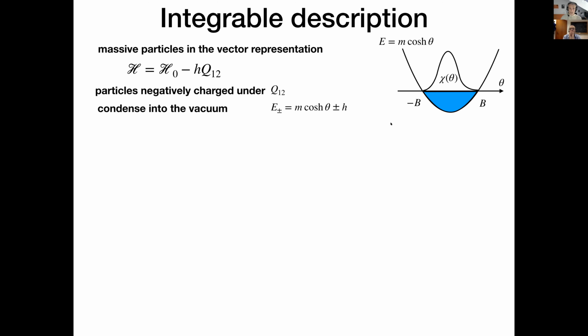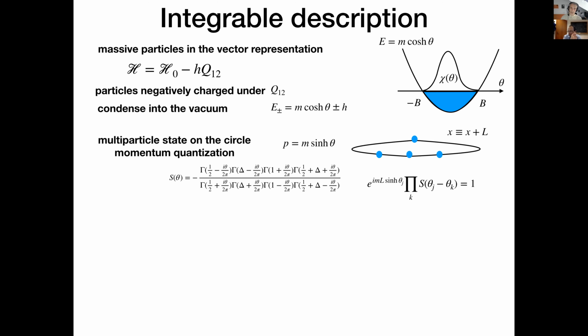The way we describe it, we first move a bit to finite volume and analyze a multi-particle state of these negatively charged particles which condense into the vacuum. So we are in a finite volume L with periodic boundary conditions. We put N particles and analyze the momentum quantization.